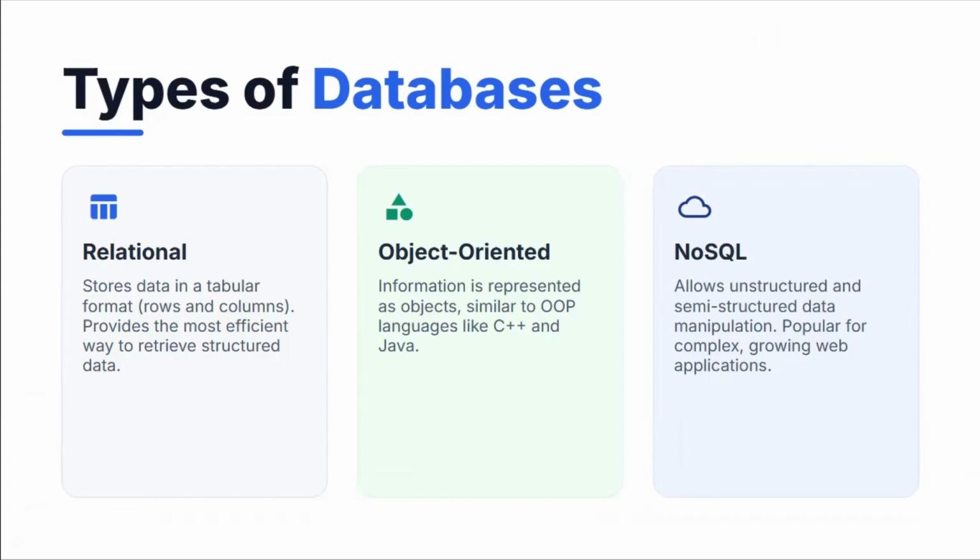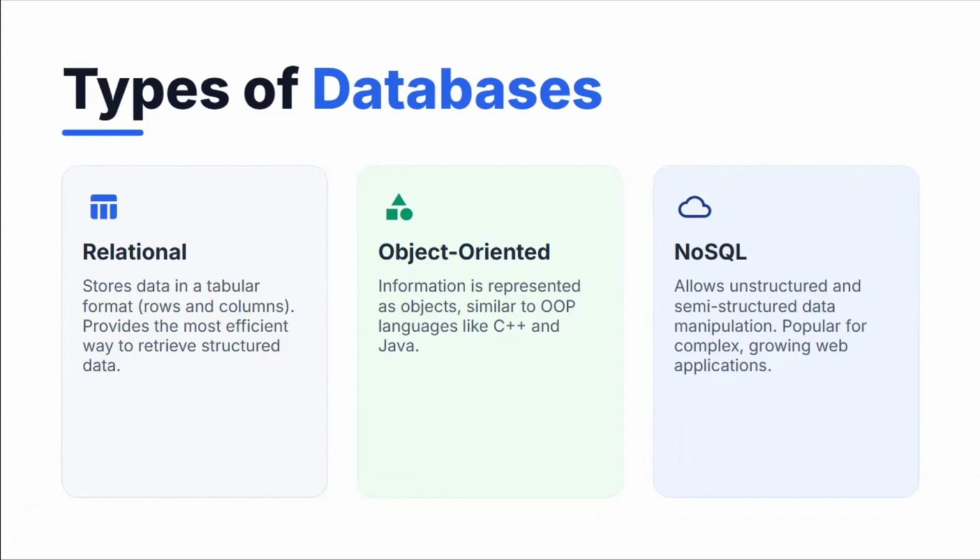And the third one is NoSQL. NoSQL allows unstructured and semi-structured data manipulation. Earlier I mentioned structured data means data is presented in the form of tables, that is rows and columns. In NoSQL, there is no such thing as tabular data.